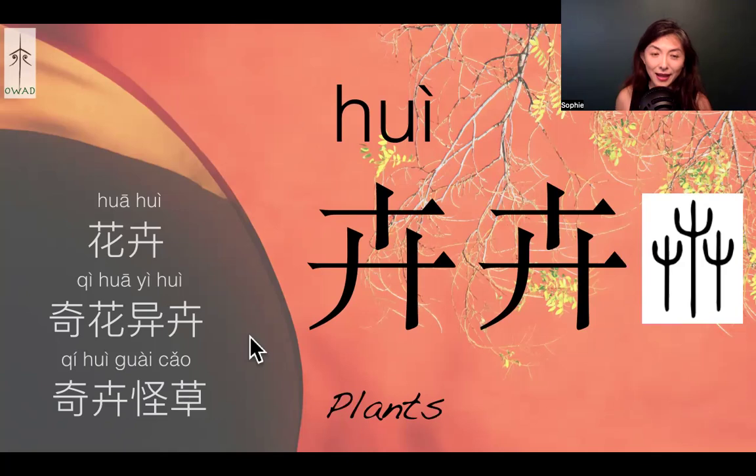And 异 means they look different, it's not from your local ecosystem, it's somewhere, I guess, imported or somebody brought over, so it looks different. That's 奇 and 异. And in fact, here it's not just 奇 describing flower and 异 describing plant. No, in our concepts, these are interchangeable.